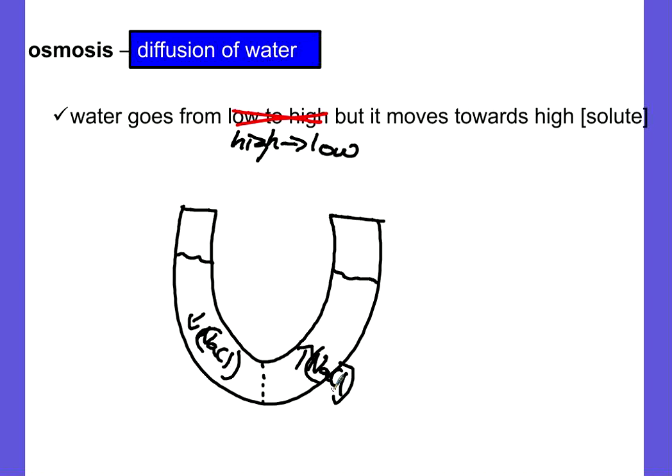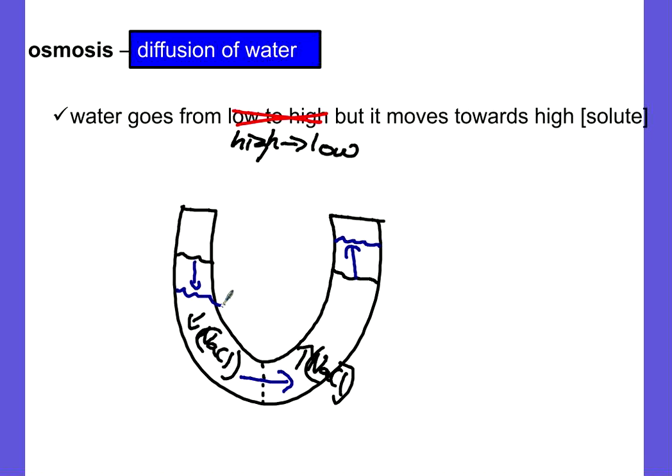But which direction do you think the water wants to move, Jared? Right. And you would be correct. The water's going to move towards the high concentration of the salt because that's where the low concentration of the water is. But if the water moves to the right, what does that do to this water level? It goes up. Look what I just did.